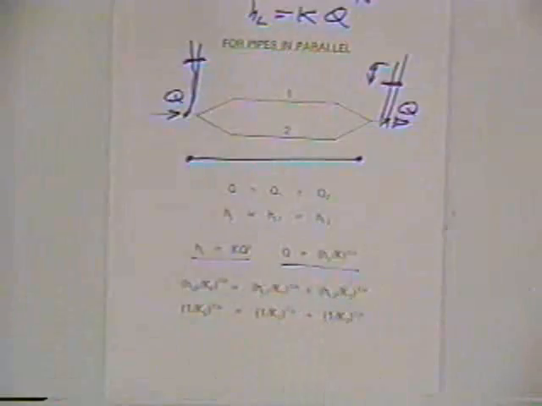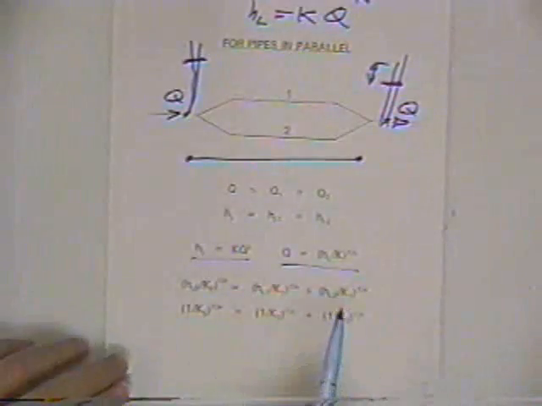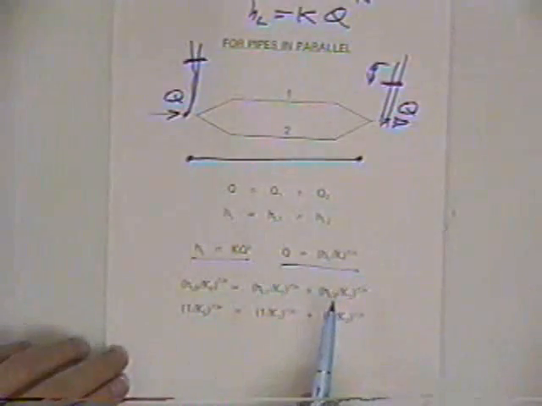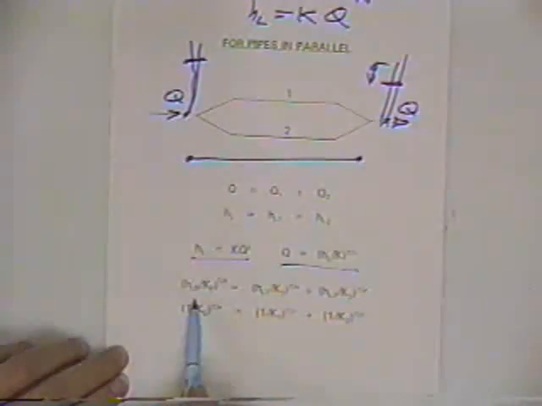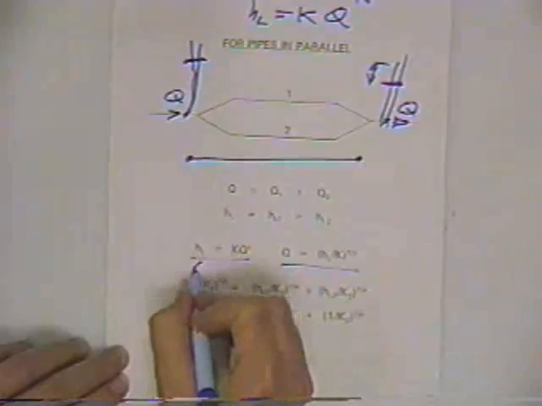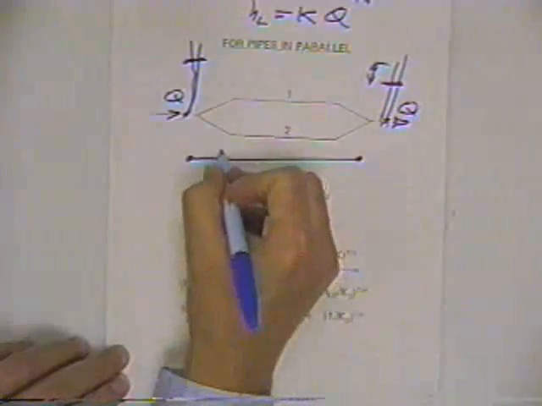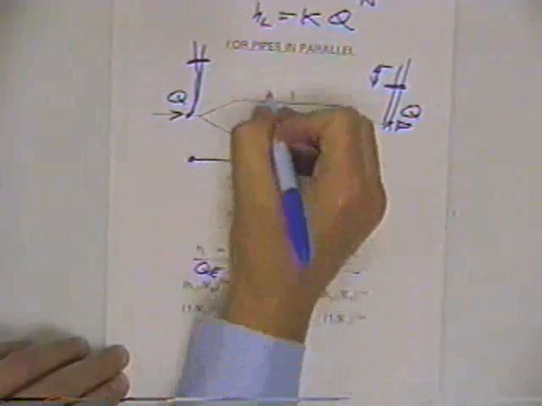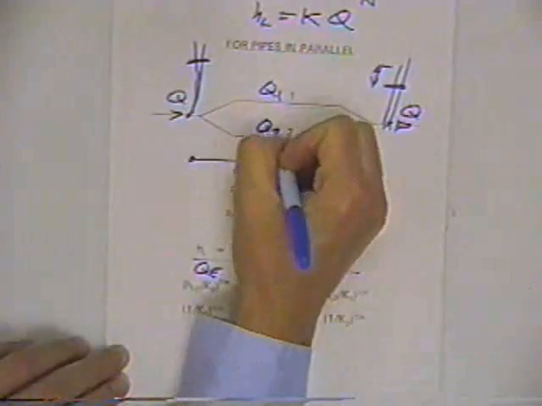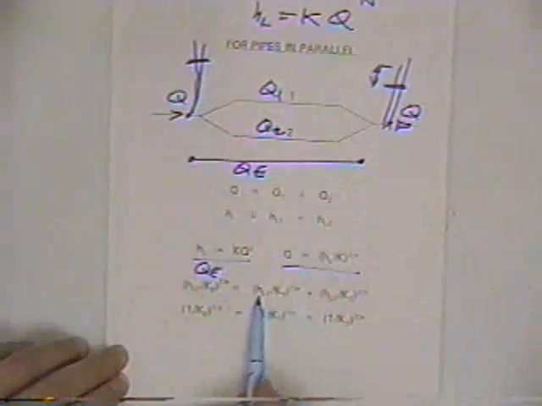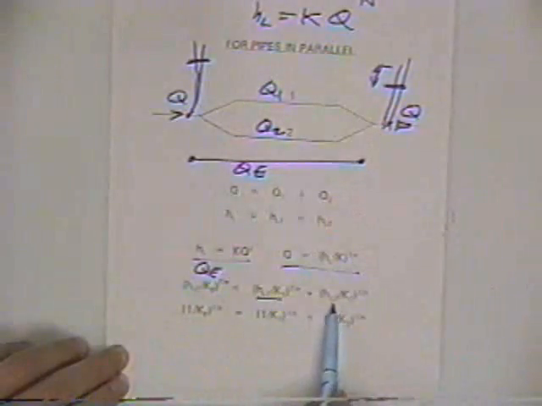We could solve for Q thusly, and then say that the Q in the equivalent pipe would just be this Q plus that Q, and that Q can be expressed in terms of the head loss in that pipe, and that one in terms of the head loss in that pipe.